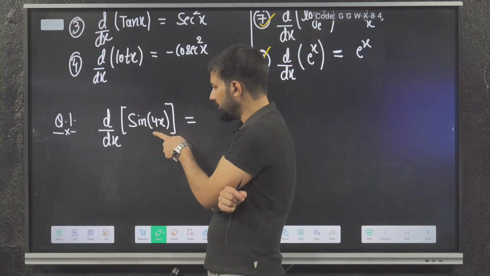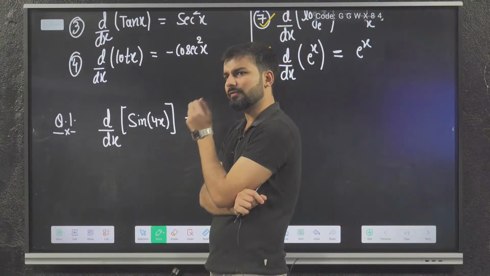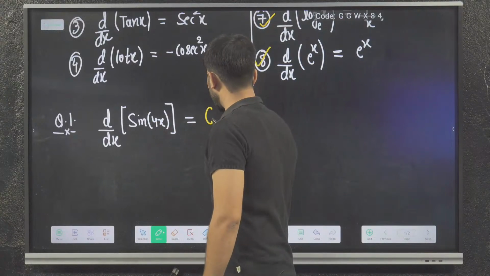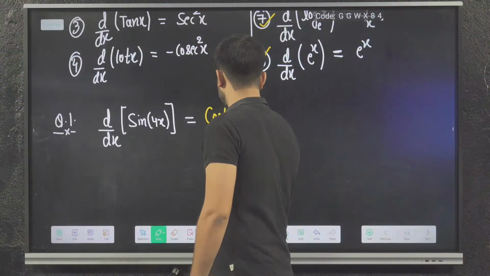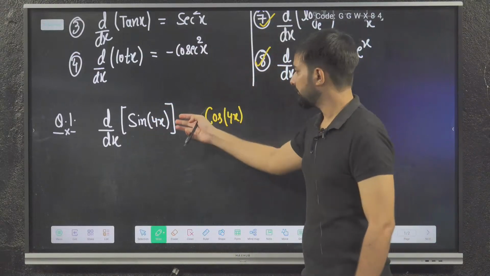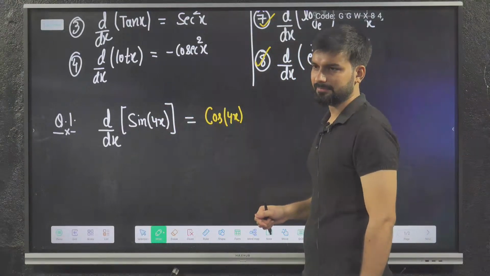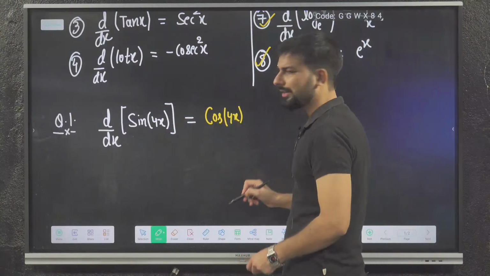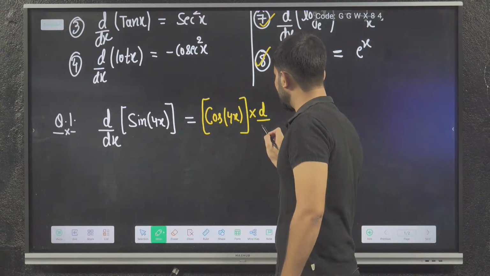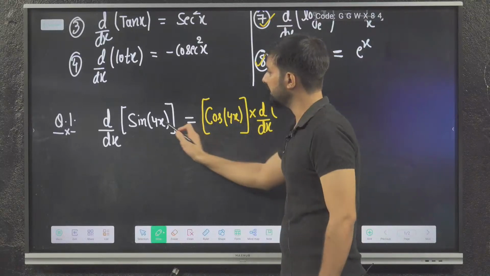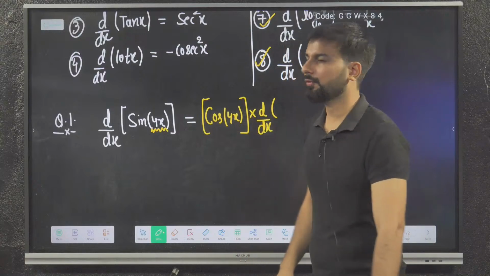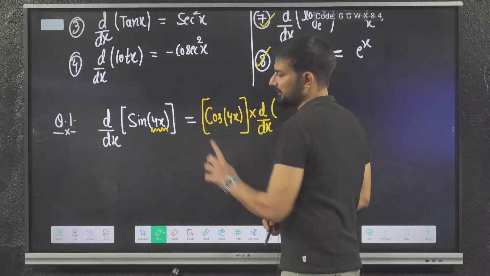Very first step, we know the differentiation of sine is cos. So it will become cos of 4x. Then what is the difference between sine x and sine 4x? The differentiation can't be the same. So the catch is, after this answer, you have to multiply with the differentiation of the angle. The angle of this sine is 4x, so you have to re-differentiate.